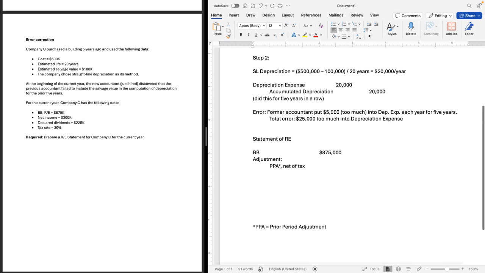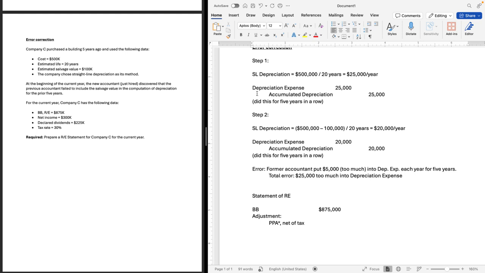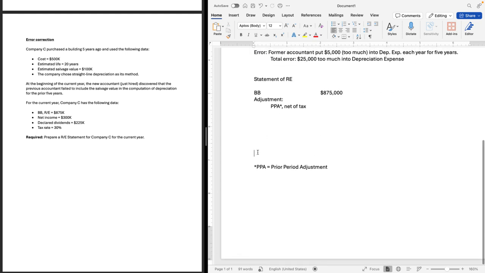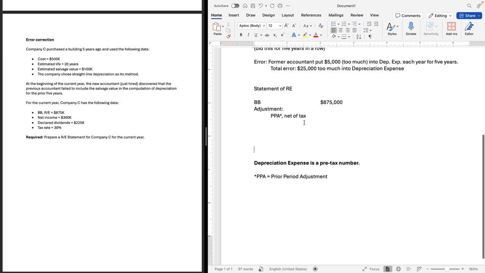What makes this problem a little tricky is that depreciation expense is a pre-tax number. Depreciation expense is an operating expense on the income statement. That means it appears before income tax expense. That makes it a pre-tax number, but the prior period adjustment has to be net of tax.